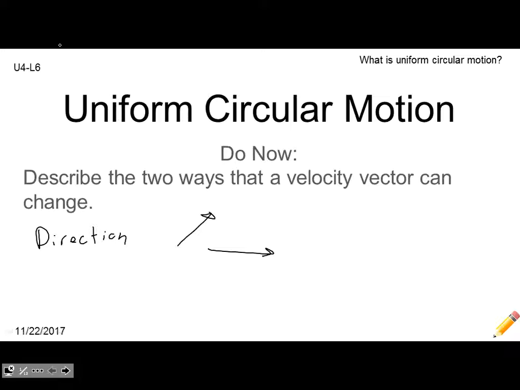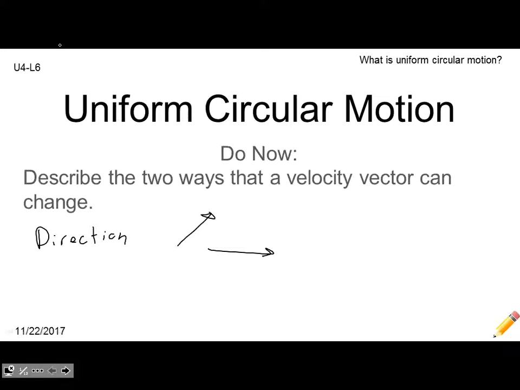Sabrina, what's the other thing we could change about a vector? How else can I make that arrow different? So this would be changing the angle. What else can I do to it? Crystal, what else could we do to the vector?